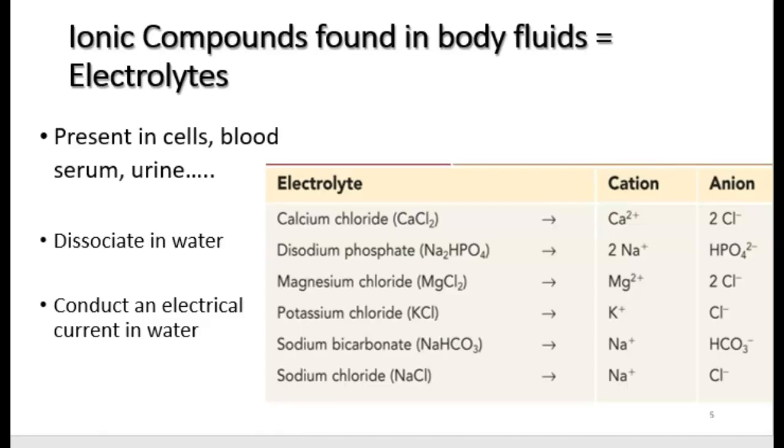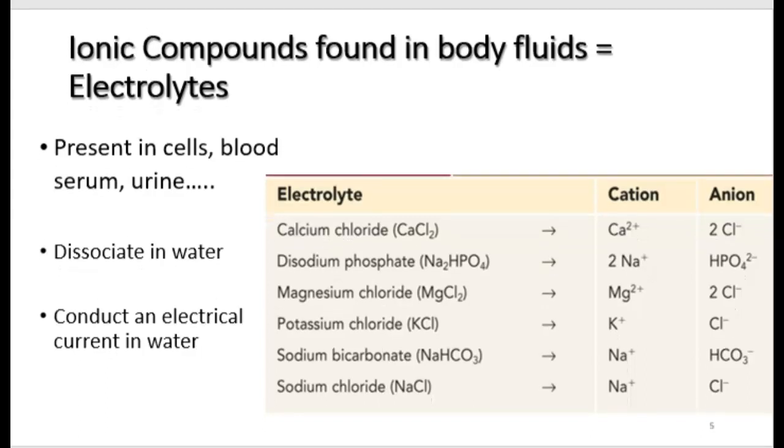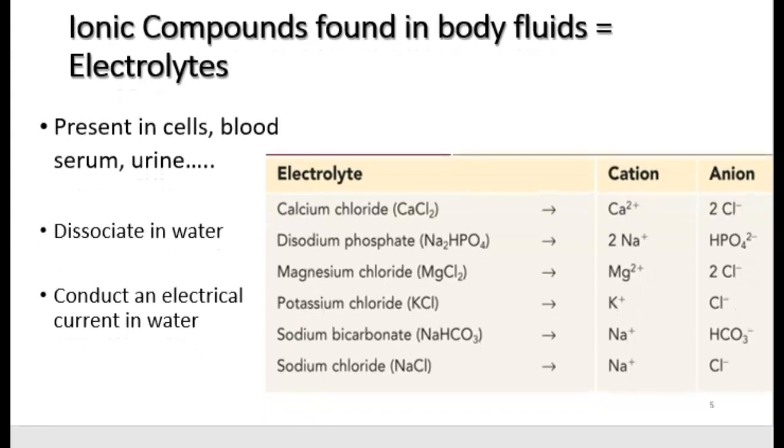There are several ionic compounds that are important in the human body, and the table on this slide lists a few of these, some of the major ones anyway.